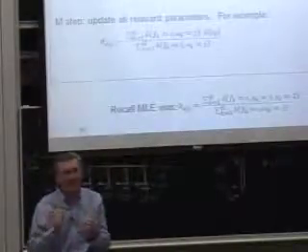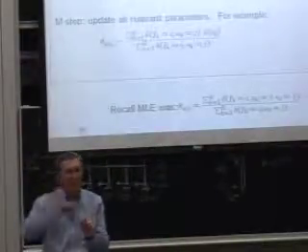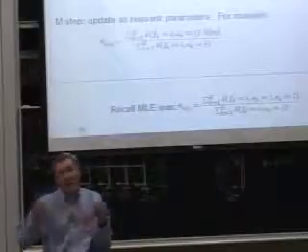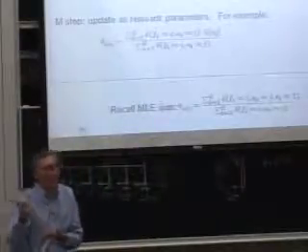It's going to, in this case, be the expected value of a Boolean variable, which is going to be somewhere between 1 and 0. In fact, it's going to be exactly the probability that it's 1.